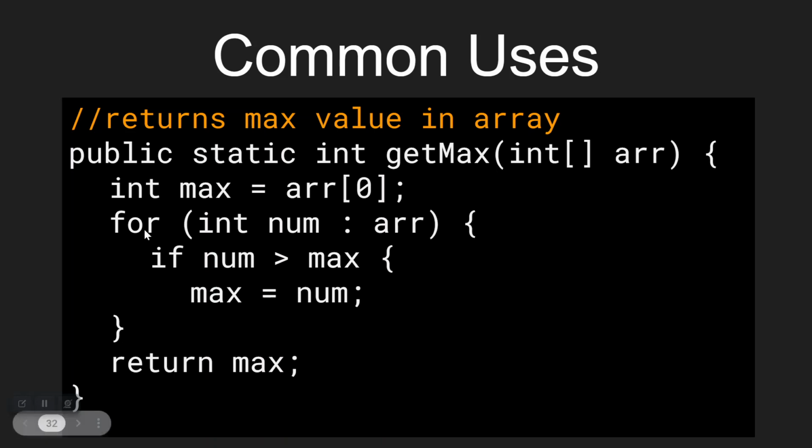But then for every number in this array, we're checking if the number is greater than the max. And if it does loop through the rest of that array and find a value that's larger than the max, then it reassigns the variable max to be the value of that number. And then finally, it would return the max.